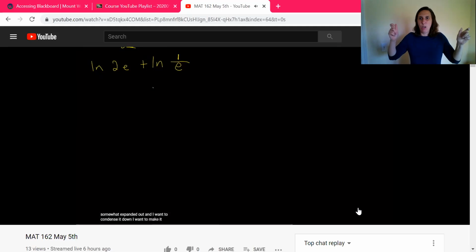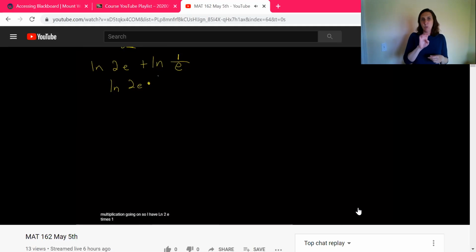I want to make it smaller. Well, addition tells me that I have multiplication going on. So I have ln 2e times 1 over e, or the ln, and I'll put these in parentheses to realize it's the natural log of these two things multiplied.